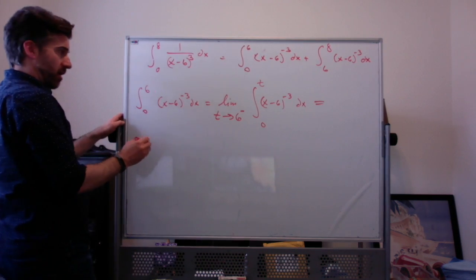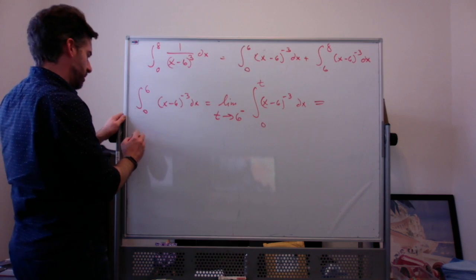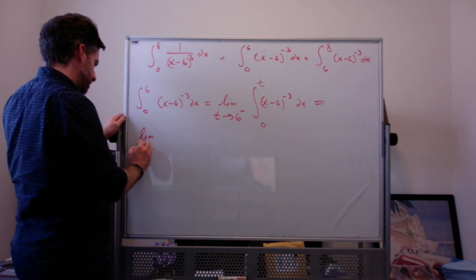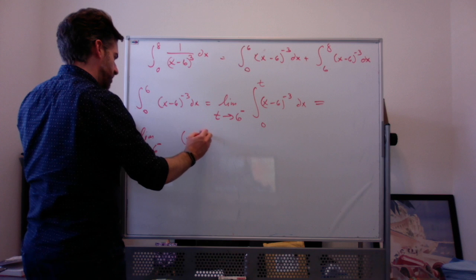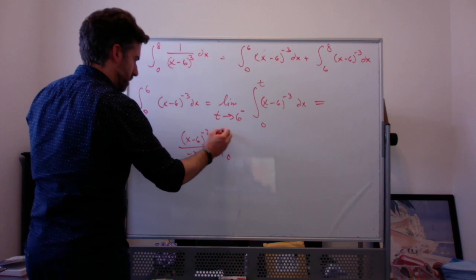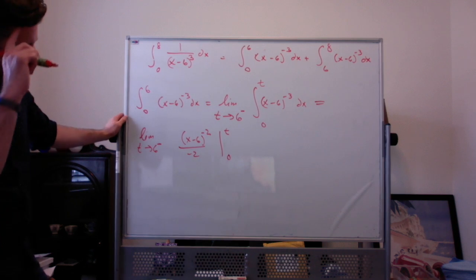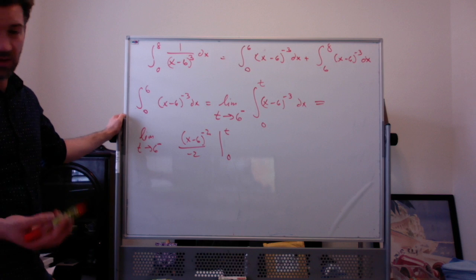And then you're going to integrate. Since it's just x plus or minus a number, we can just use the power rule and get the limit, still as t approaches 6 from the left, of (x minus 6) to the negative 2 over negative 2 from 0 to t. After I integrate, I like to bring negative powers to the opposite place so they become positive.